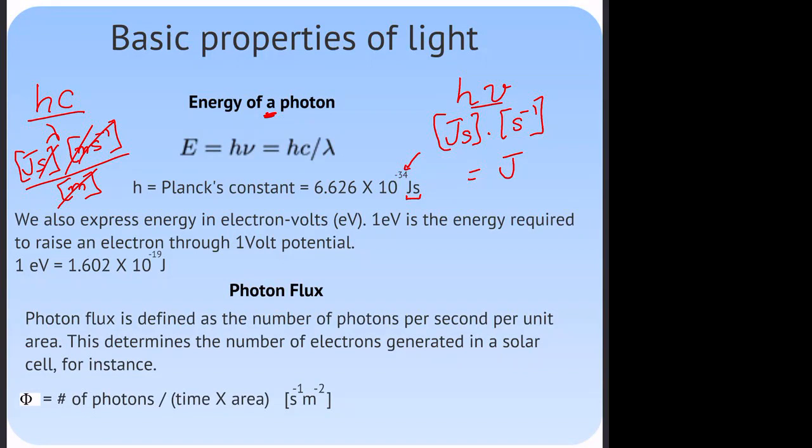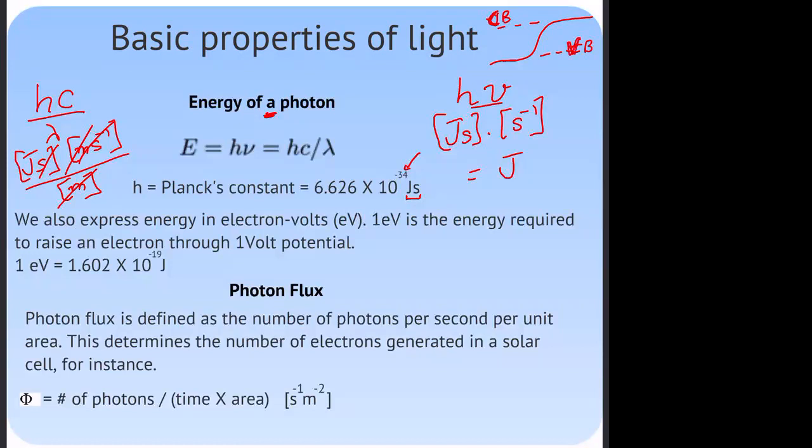Now, because these numbers are really small, typically you express the energy in terms of electron volts as well. One electron volt is the energy required to raise an electron through a 1 volt potential. If you look at an energy band diagram, this is referred to as the conduction band, and that is the valence band.